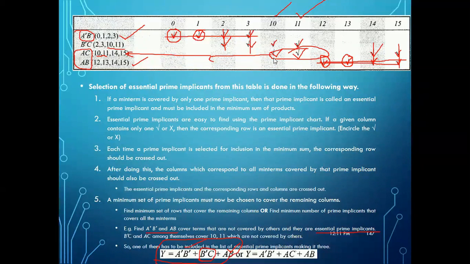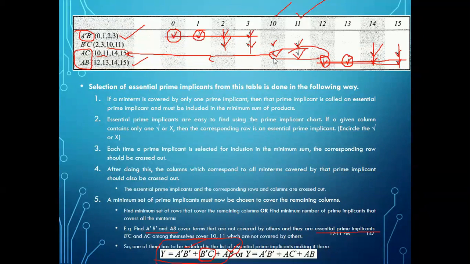If another student writes this second expression, y is equal to a bar b bar plus ac plus ab, that is also right. Anything is right, but you have to include every min term. So to include the min terms 10 11 we have done it in this manner.